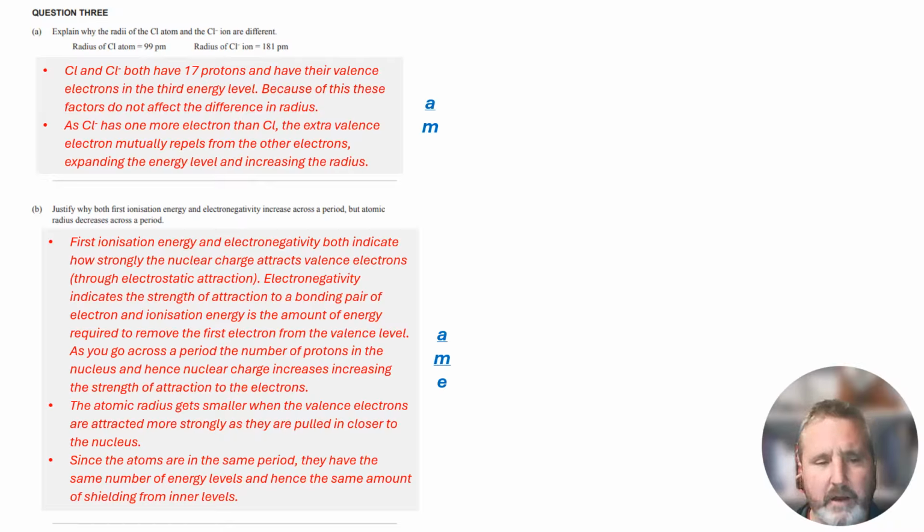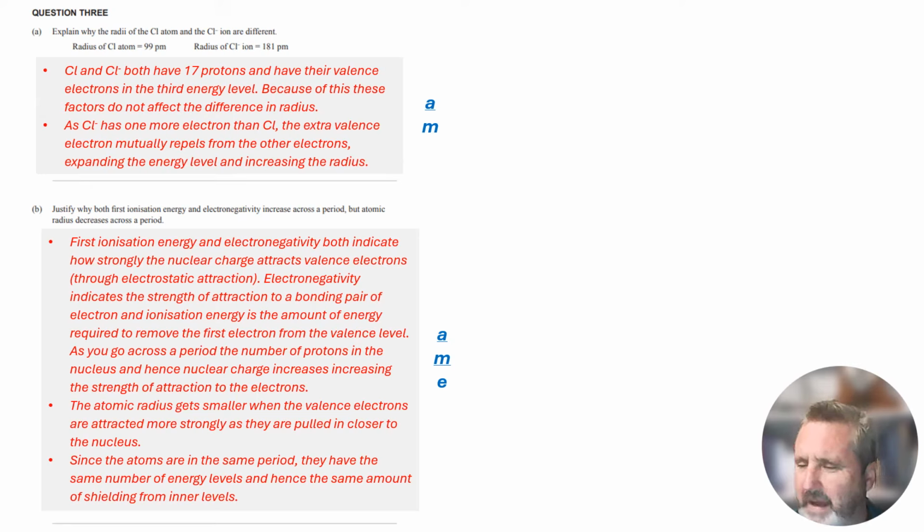If you were able to say that there's electrostatic attraction, or attraction between the nucleus and the electrons, you get an achieved point, right? If you explained one of these trends, so you explain why this trend happens, you get a merit. You have to use two of the following things to explain it, though.